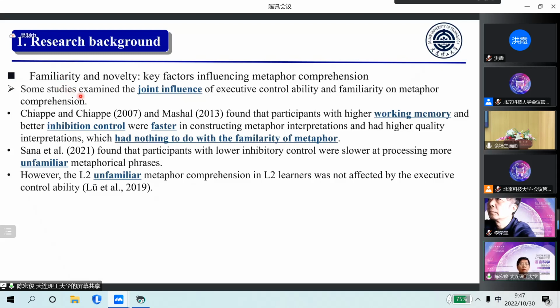Sometimes it facilitates, sometimes it inhibits. Some researchers have studied the joint influence of executive controllability and familiarity on metaphor comprehension. These studies show that familiarity doesn't play a very important role in the understanding of metaphor. But it's really controversial. But this is a joint influence.